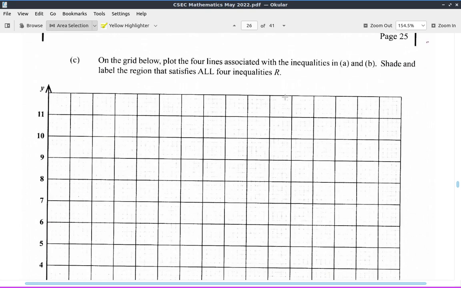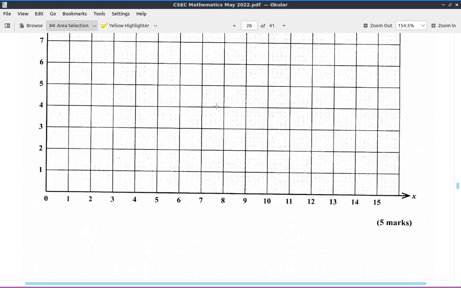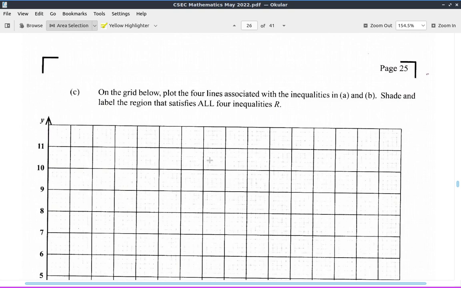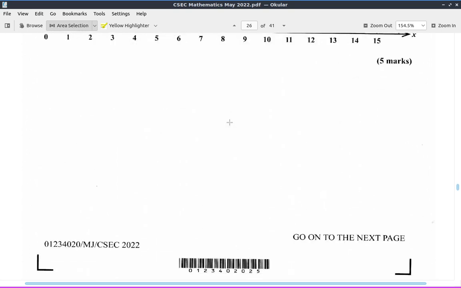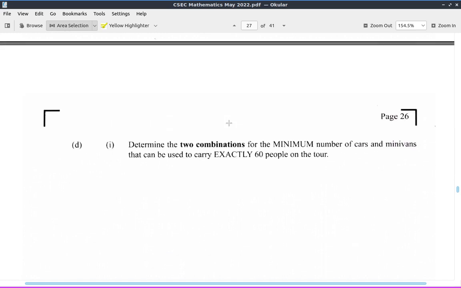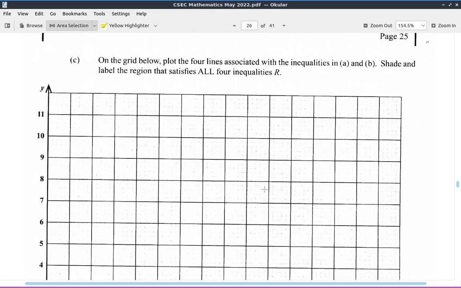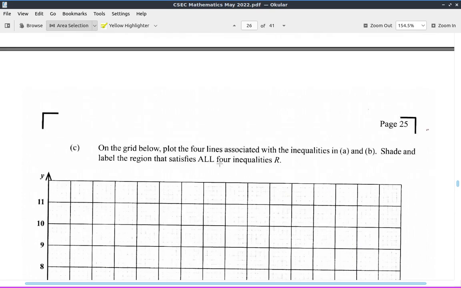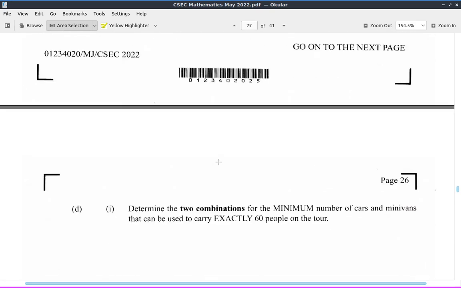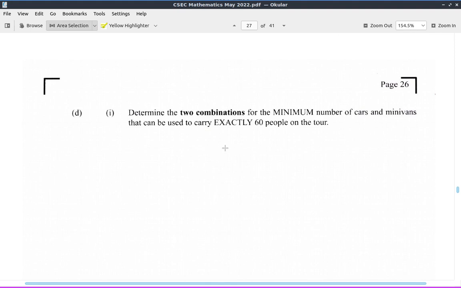And you plot the line on this graph sheet. Minimum number of cars. So here, the minimum or maximum will occur at the vertices of the polygon that you plot.